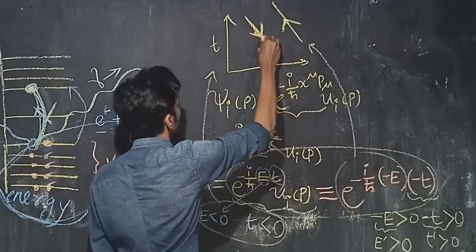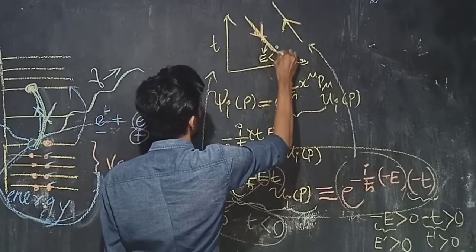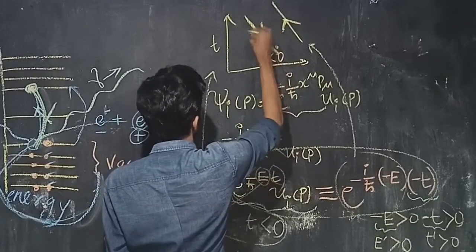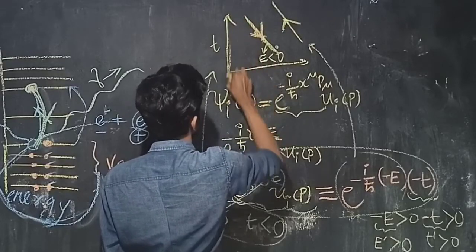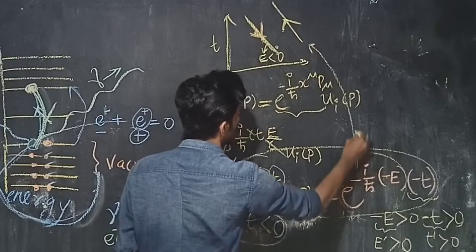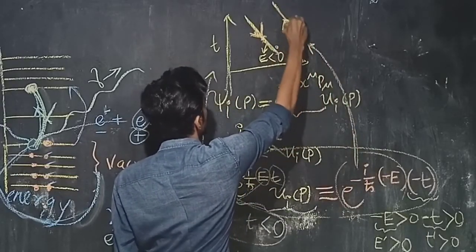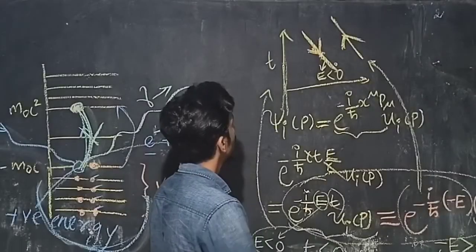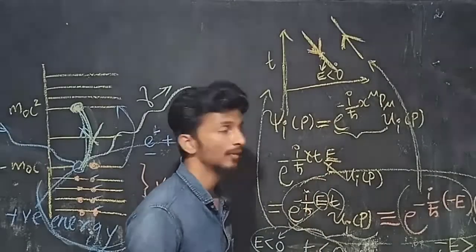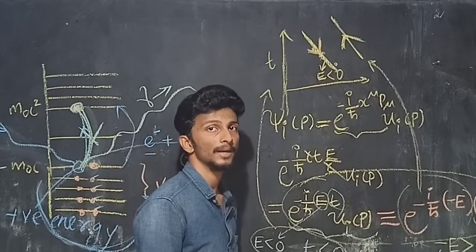This corresponds to a negative energy particle traveling backwards in time, because the arrow is negative and t in this direction is decreasing, and this corresponds to a positive energy antiparticle that travels forwards in time. Look at the arrow, it is in the forward direction of time. In fact, this arrow convention given by the Feynman-Stückelberg interpretation is used in drawing Feynman diagrams.